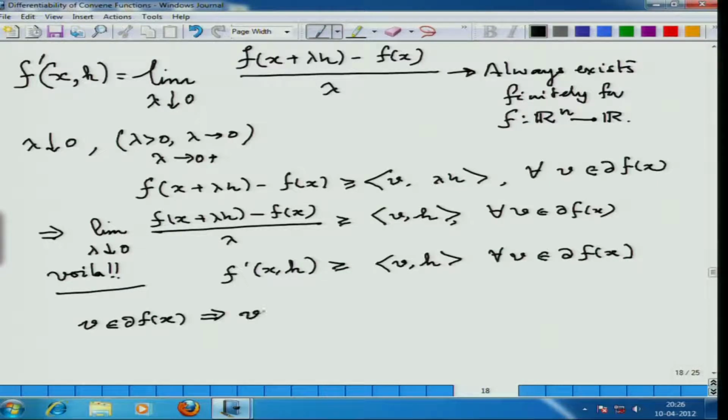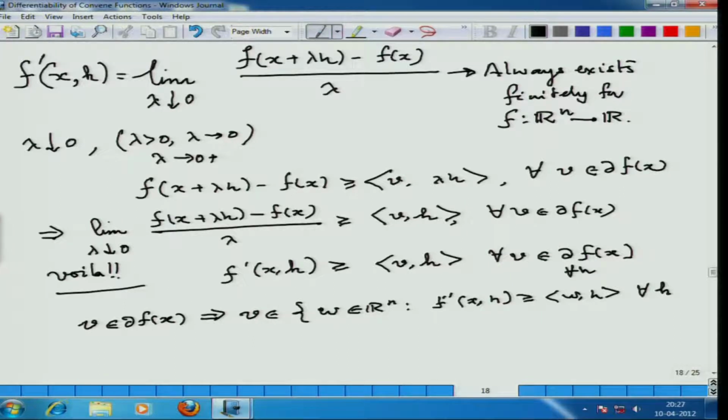implies v is an element of the set of all w such that f dash of x h is bigger than w h for all h. So, if I fix this x and I keep on changing h, and for any fixed subgradient you take, this formula holds for all h. You fix a v, then for all h this formula will hold.